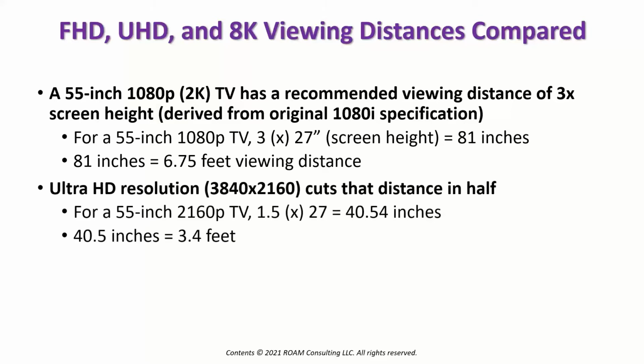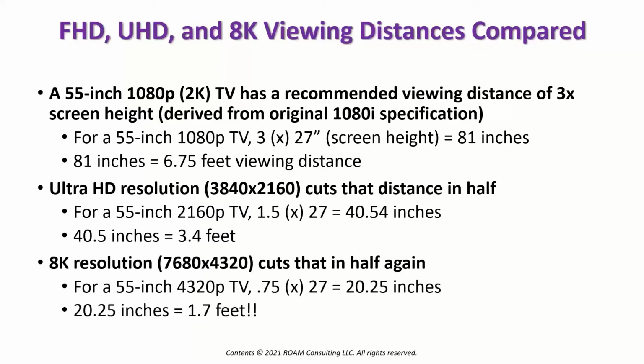So if we take that 55-inch TV and we now create a 4K pixel structure, so we've doubled it horizontally and vertically, we cut the viewing distance in half. Now you can sit 3.5 feet away from the screen before you start to see the actual pixel structure. And with 8K, we can cut it in half again. So theoretically, with a 55-inch 8K TV, you could sit just under 2 feet away from it and you still wouldn't see the pixel structure.